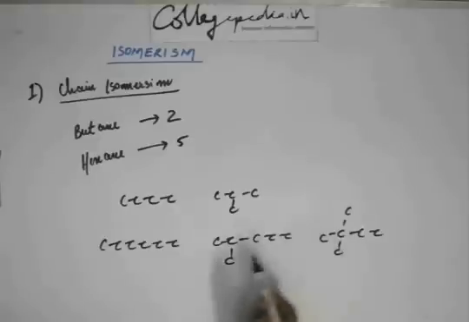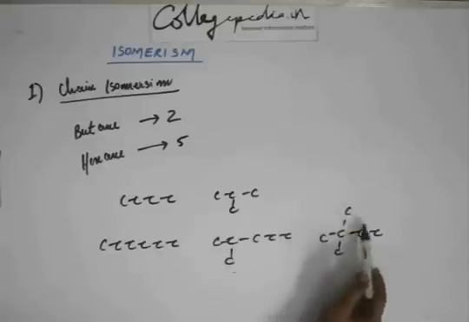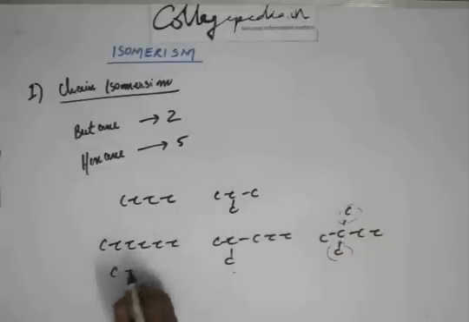And in this compound, we have 1 methyl substituent. In this compound, we have 2 methyl substituents, both on the same carbon. You will get another structure if you put those 2 methyls on different carbons. So this is another structure, not the same as any of the previous structures. So this is 4. Can we have more?